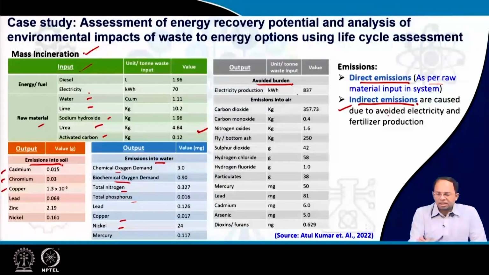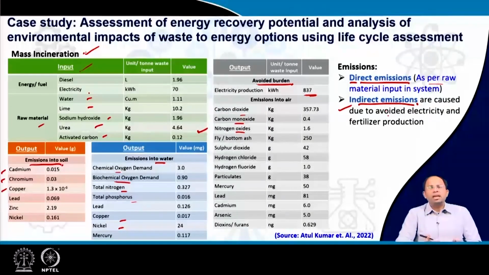So electricity production value, carbon dioxide, carbon monoxide, nitrogen, these are not produced because we are doing this. That's why we have to look into both direct as well as indirect emissions, and this is done for all the different processes. Then we can understand for each of these processes, based on the inputs, what outputs are coming out as well as what avoided outputs are generated.